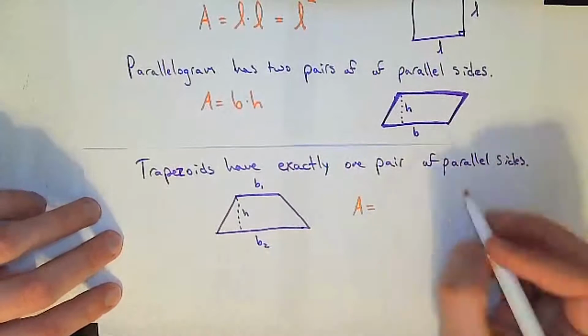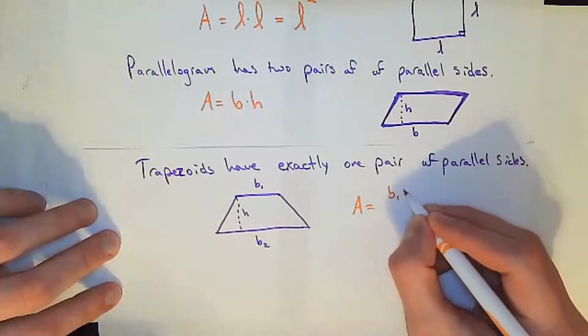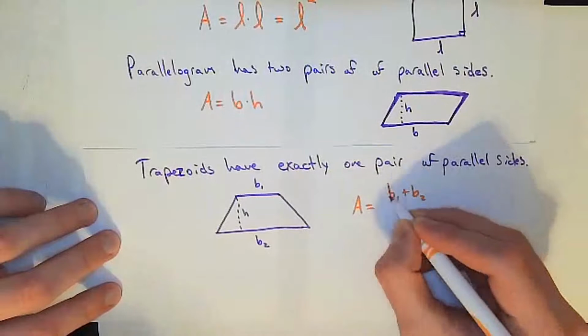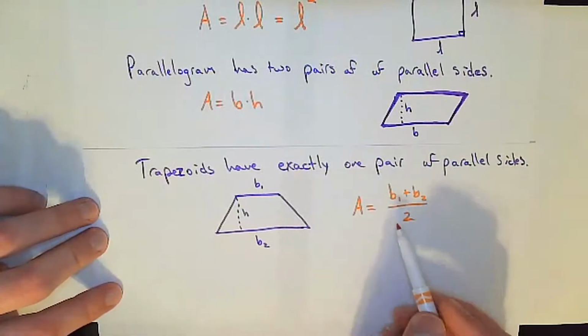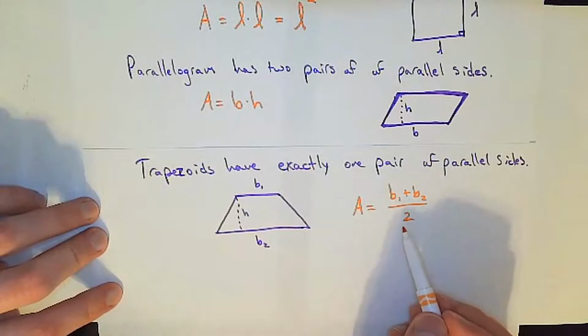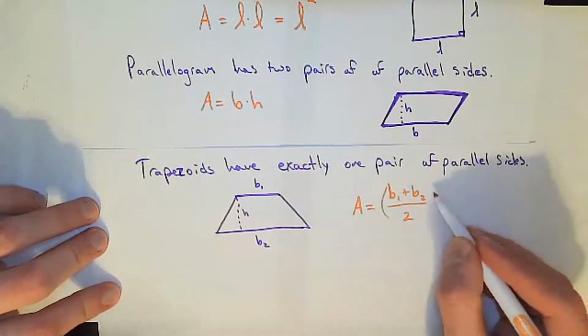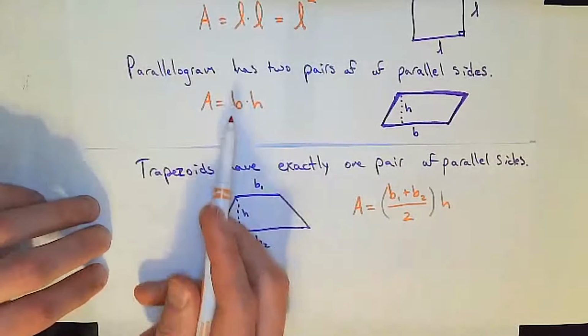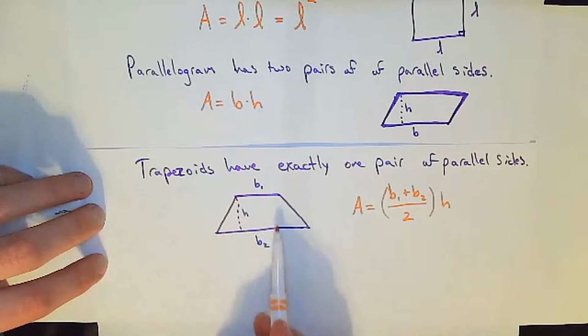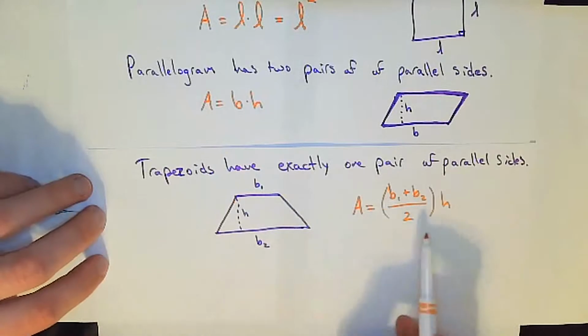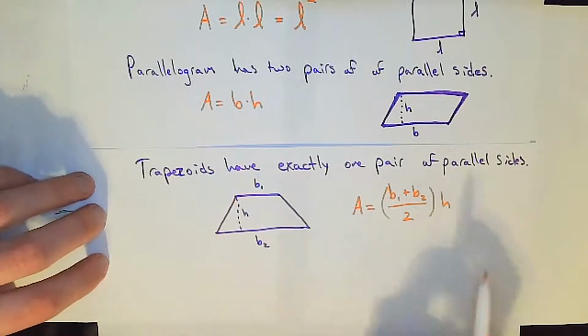So how do you find the average of two numbers? You add them up and divide by 2, right? That's the average of the bases, and then times h. So it's really the same as parallelogram, base times height, except if we've got two different bases, we need to find the average of the bases before we multiply times the height.